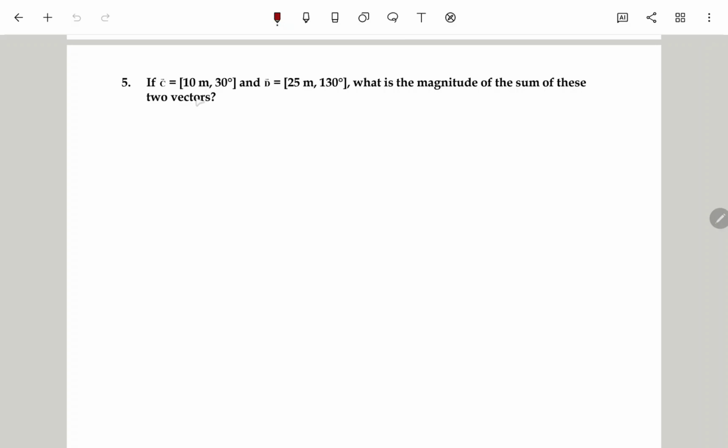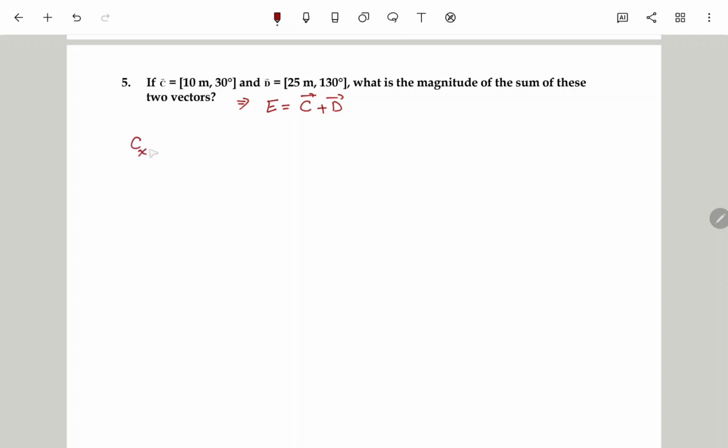If vector C equals 10 meters at 30 degrees and vector D equals 25 meters at 130 degrees, what is the magnitude of the sum of these two vectors? Now, we look for vector E equal to vector C plus vector D. Remember, these are in polar coordinates, so we have to transfer these vectors into Cartesian coordinates.